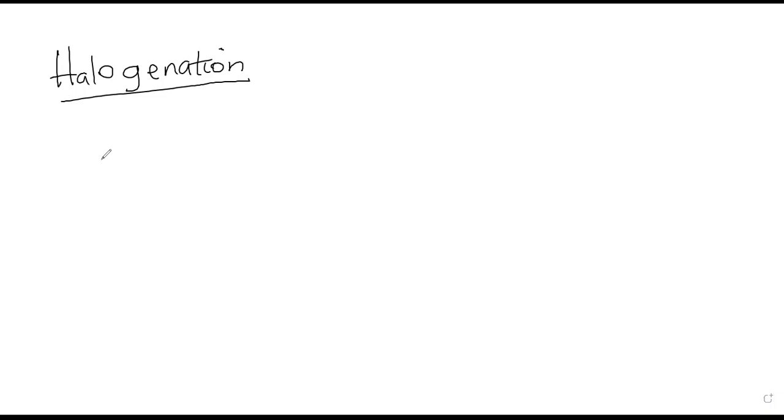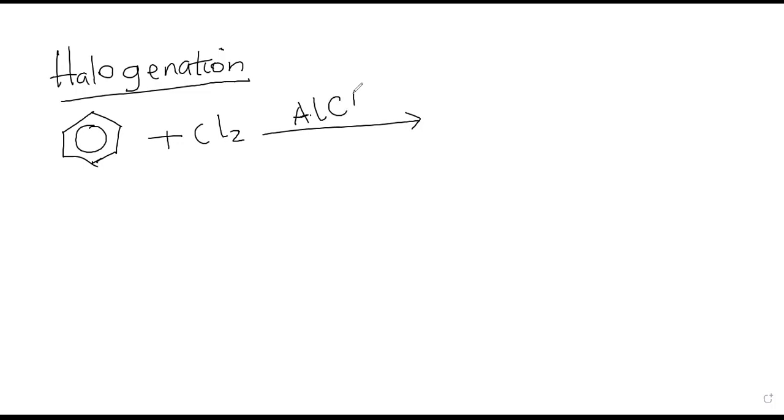For example, you're given benzene. Even if they give it to you like this, and they say plus chlorine in presence of aluminum chloride, just to know, here you will automatically form chlorobenzene.